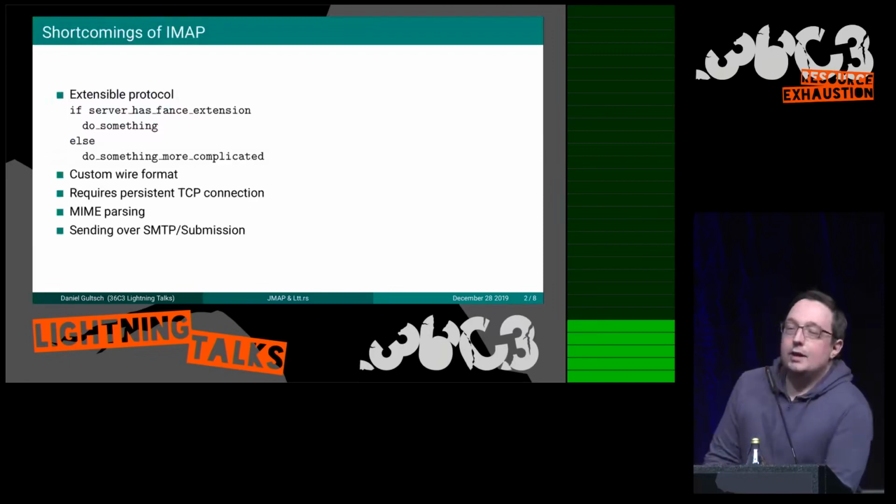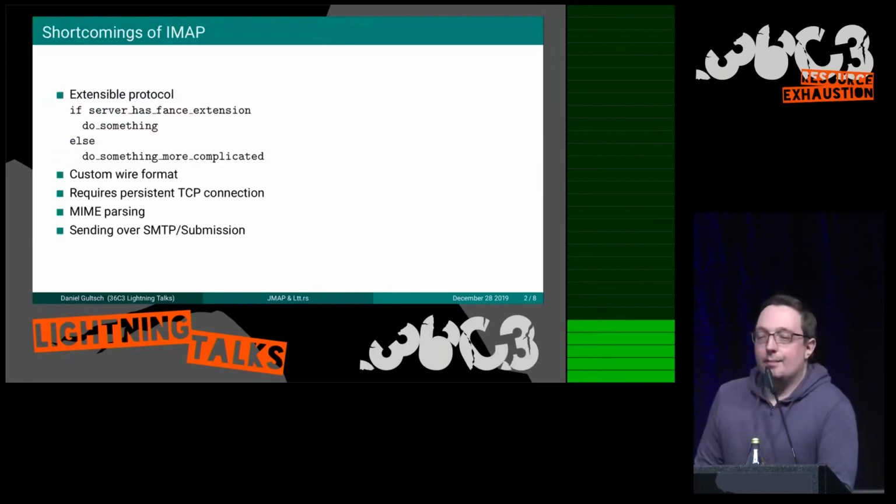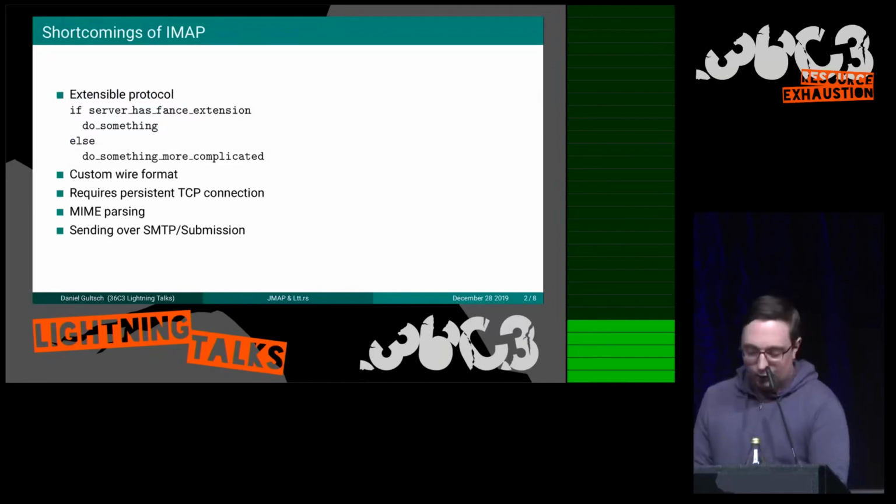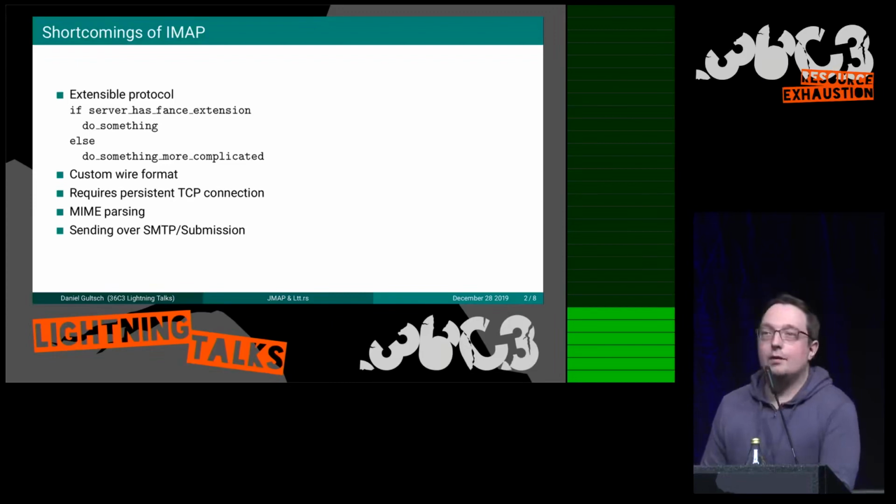So it turns out IMAP is a little bit of a mess. It's an extensible protocol, and you need a bunch of server-side extensions to provide a good user experience. But as a client, you're also expected to deal with servers that don't have those extensions, and that makes your client code quite bloated.